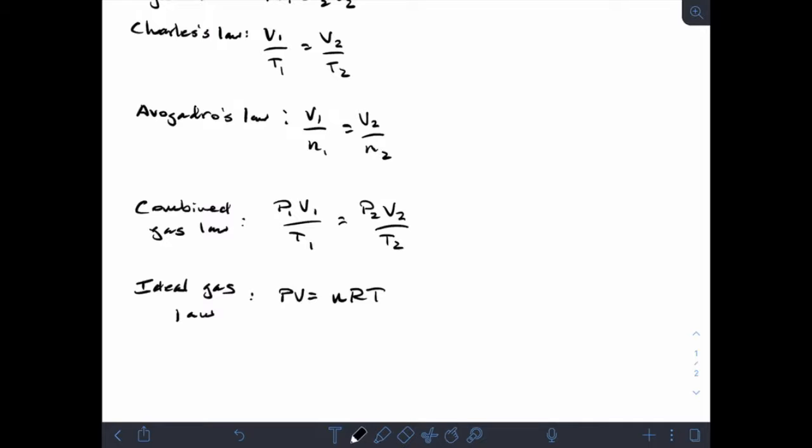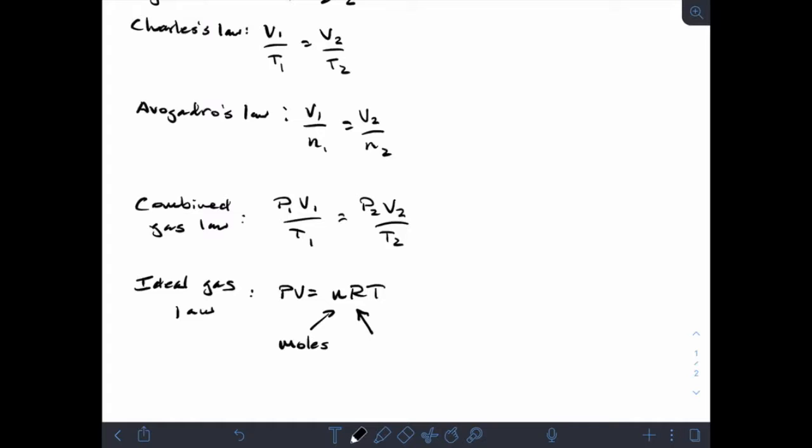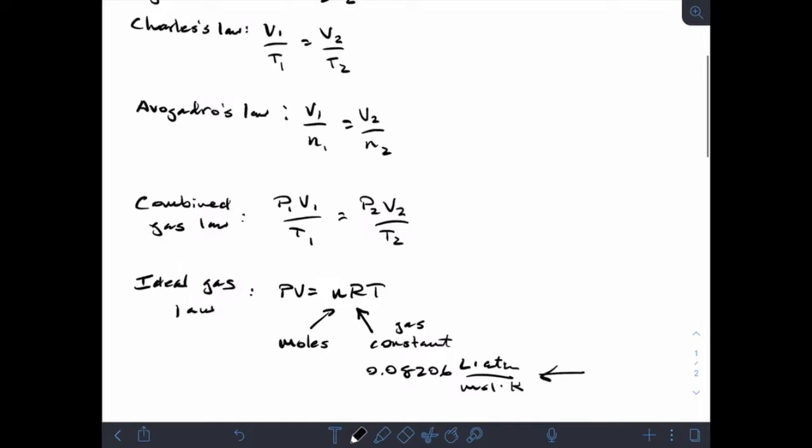P is pressure, V is volume, n is moles, and R is a gas constant with a value of 0.08206 liters atmospheres over moles Kelvin. When you're dealing with anything that uses R, you have to make sure that everything else matches those units.